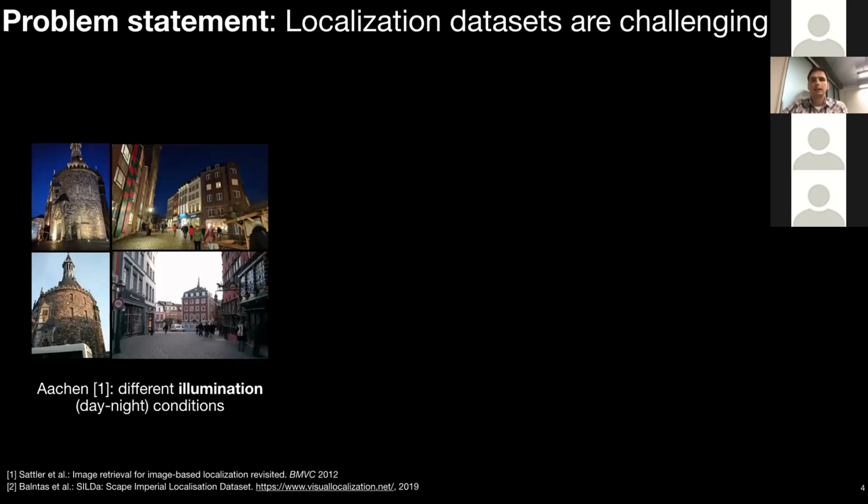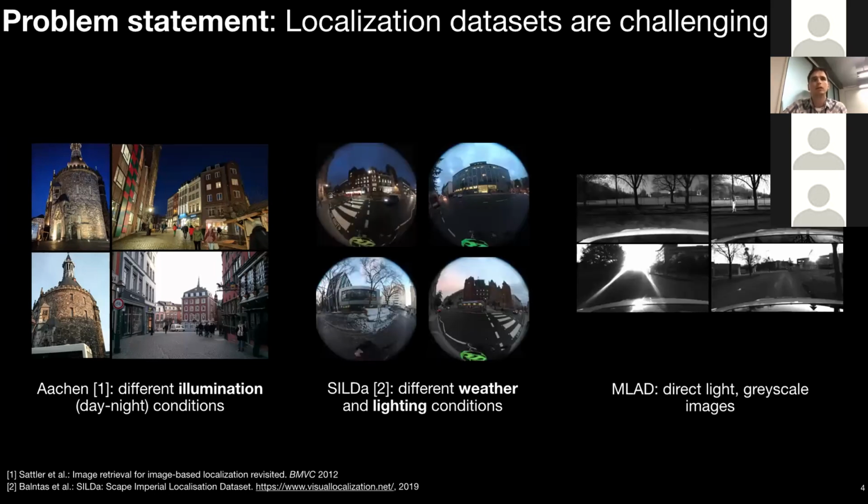So why is it important? I think almost all of the existing datasets for image-based localization are quite challenging, consisting of images taken under different illumination or weather conditions, and sometimes we can see direct light, which makes localizing query images much harder.